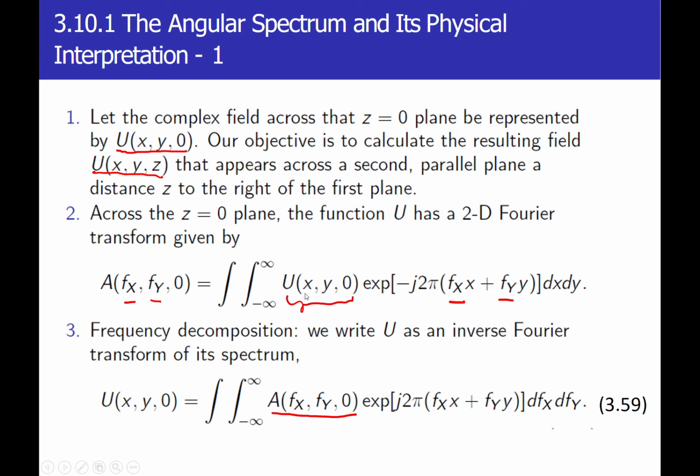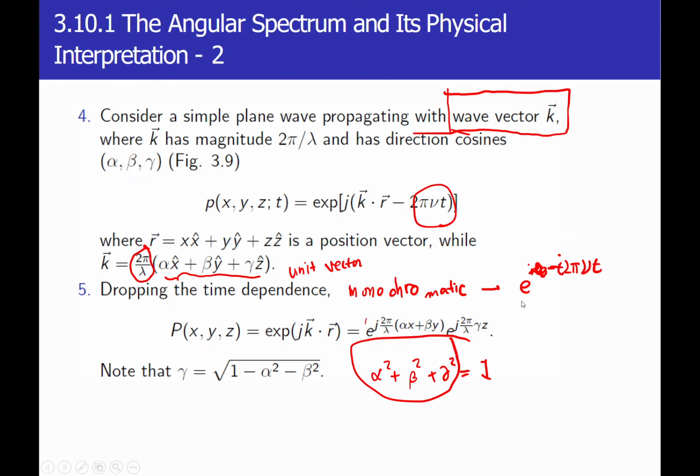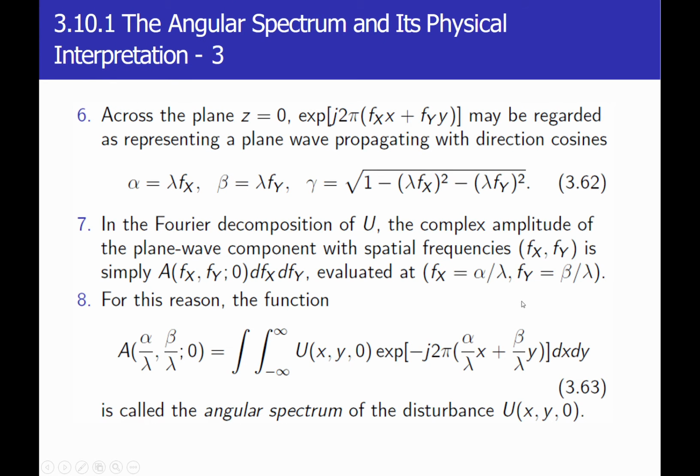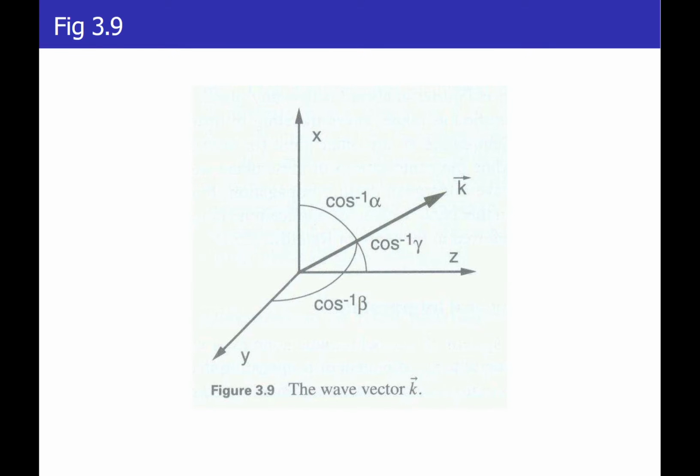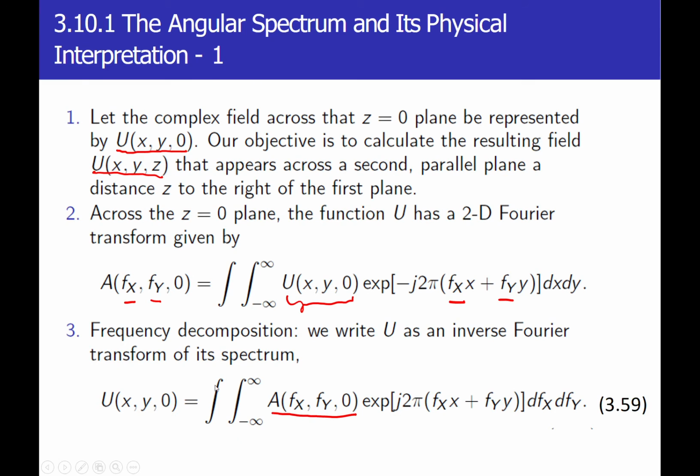We have this Fourier component, u(x,y,0) is given in terms of a Fourier component times this exponential term.